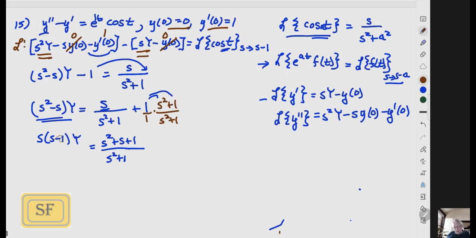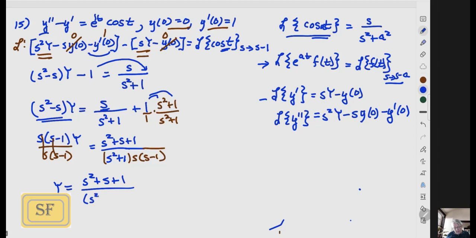And it gives me y. Y equals s squared plus s plus 1 over s squared plus 1 times s times s minus 1. Our next step is going to be to take the inverse Laplace of this.